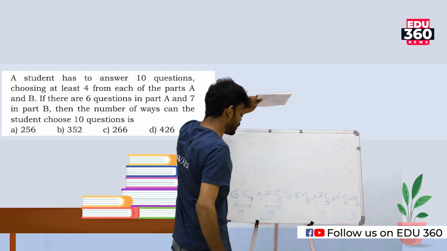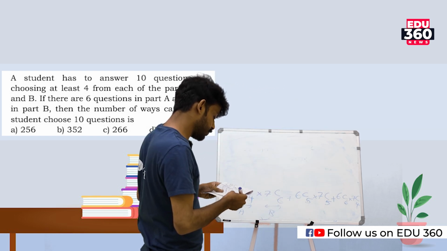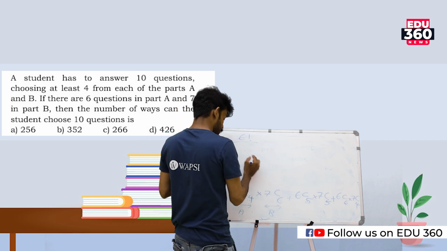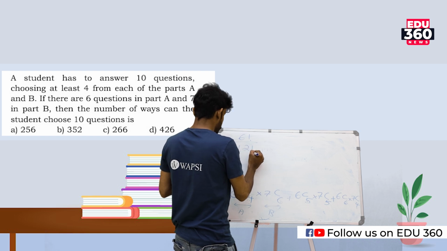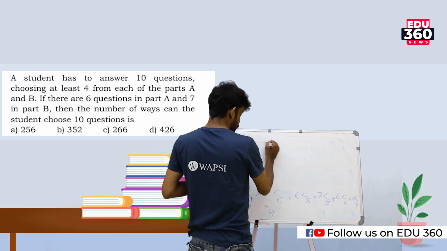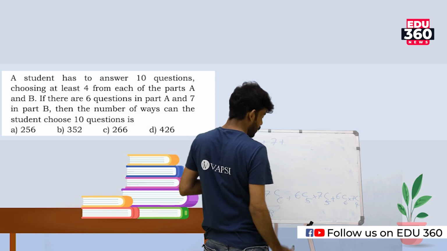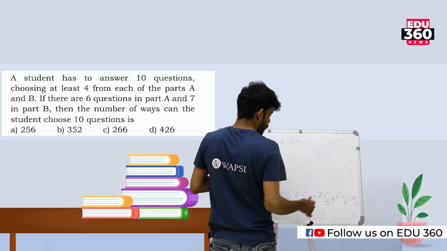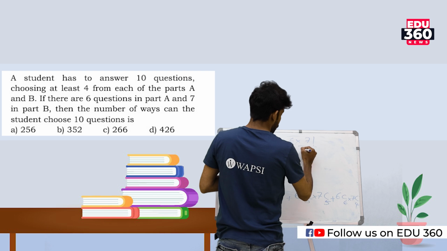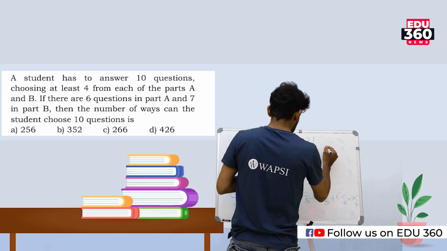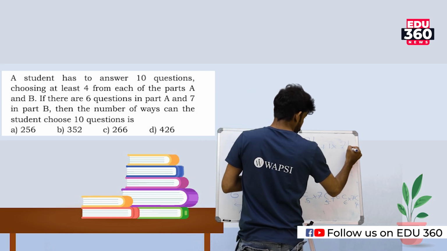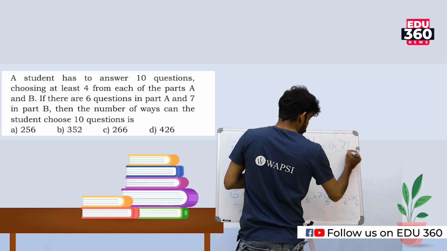So on substituting here, 6C4 we can write as 6 factorial divided by 4 factorial into 2 factorial, into 7C6 which is 7, plus 6C5 which is 6, into 7C5, 7 factorial divided by 5 factorial into 2 factorial, plus 6C6 which is 1, into 7 factorial divided by 4 factorial into 3 factorial.